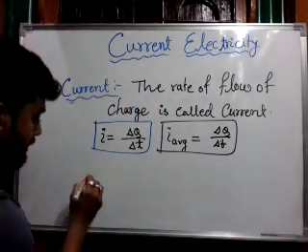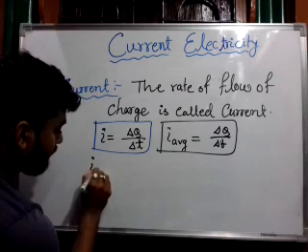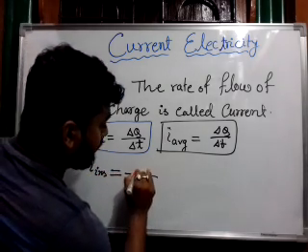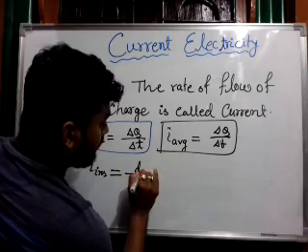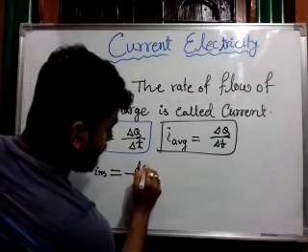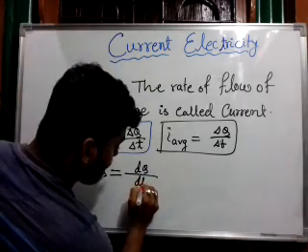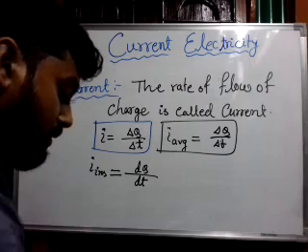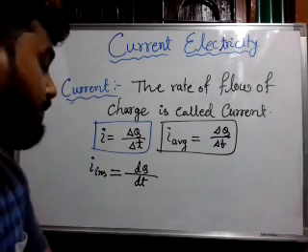But instantaneous current is equal to dq by dt. Okay, dq by dt.